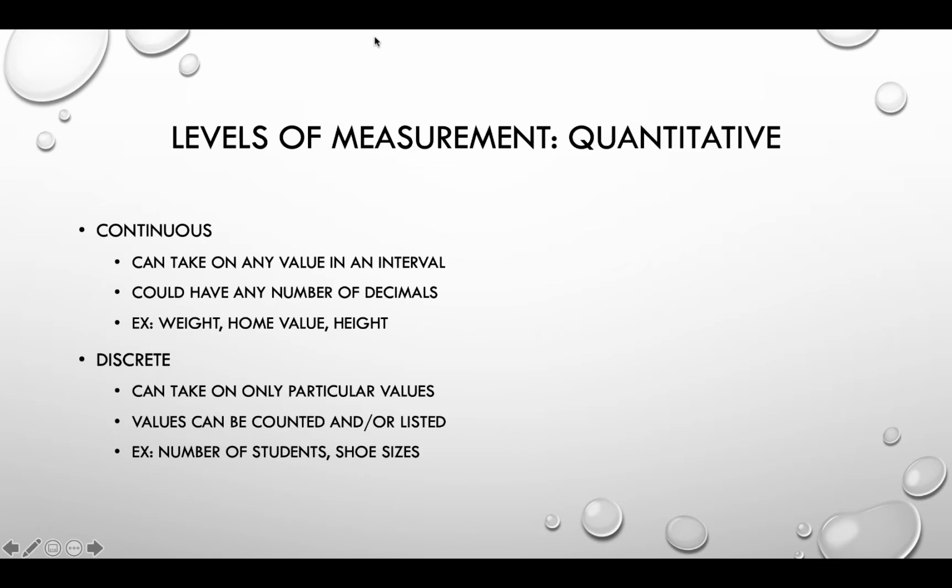It can only take on particular values. And again, these values are either counted or listed. Keep in mind the list may be infinite, but still the values can be listed. Examples would be number of students, number of companies in the Fortune 500, shoe sizes, etc.